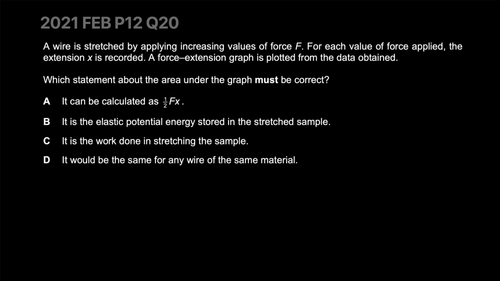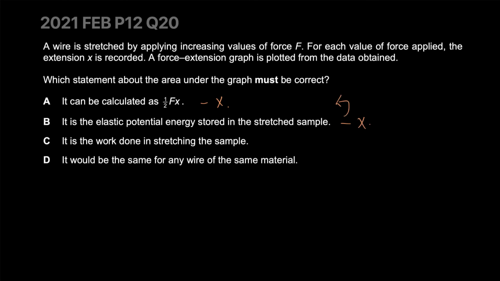So if it was behaving like a completely, truly elastic object. So we're not sure, and only if it was would this be true. So we can't be confident about this remark because we don't know if the wire was a true elastic piece of material. It is the elastic potential energy stored, same point as this one, just rephrased.